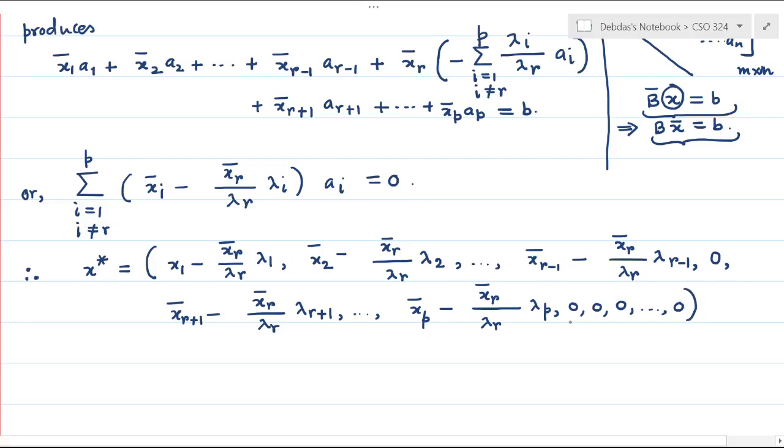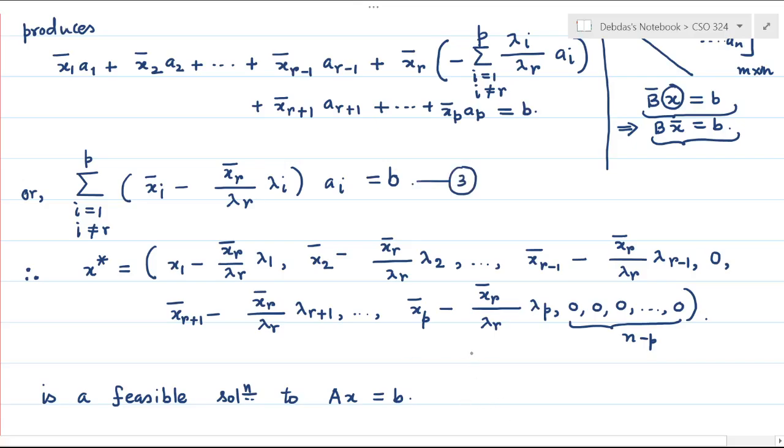Fine, these are your n minus p many. So I'm now constructing this x star, and this x star is indeed, okay, sorry, not a feasible solution yet, but it is a solution to Ax equal to b, because of this equation, because of 3.